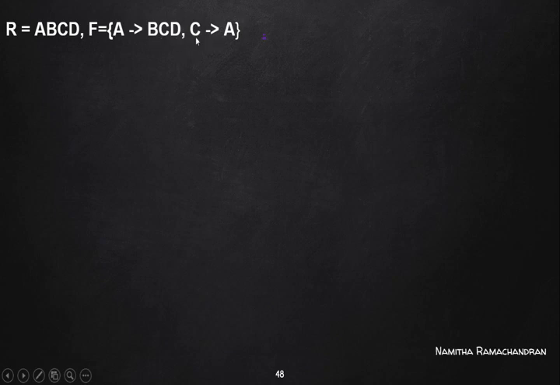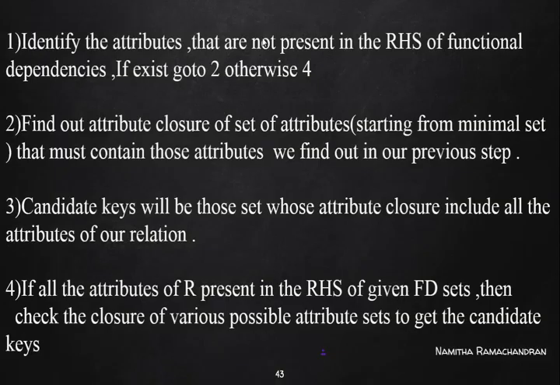In that case, what do we want to do? We want to consider all the possible combinations of attributes, then check whether they form a candidate key or not. That means consider various combinations of attributes, find out their closure and decide whether they form a candidate key or not.